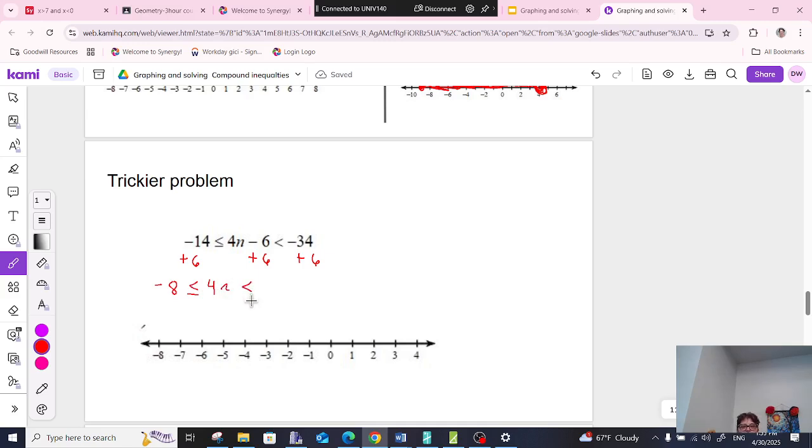What's a negative 34 plus 6? Negative 28. And then I'm going to divide everything by 4. So I'm saying n, right? And I have negative 2. And then I have negative 7.